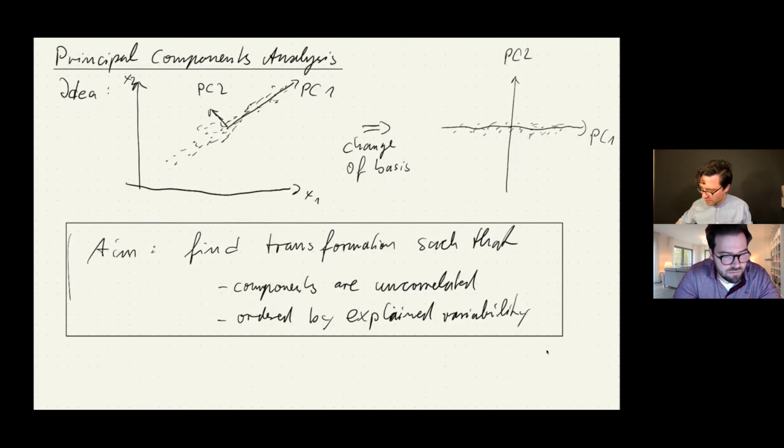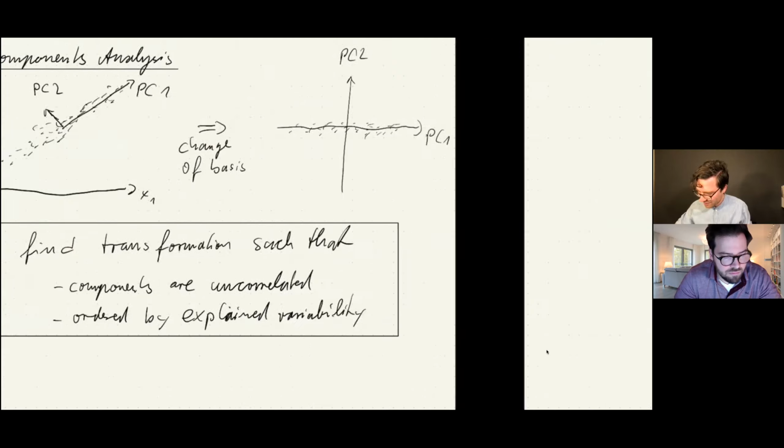Now, how does the math of this look? Mathematically, we would start with an eigendecomposition of the covariance matrix.